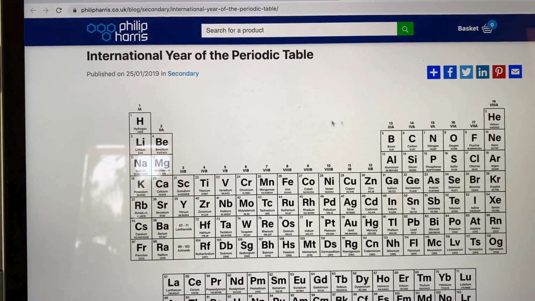So you have period 1, period 2, and so on. For columns, you have group 1, group 2, all the way to group 18. This is a good table because it also has the original naming system, which is group 1A, 2A, and then all the B's are here. And then you see 3A, 4A, all the way to 8A.